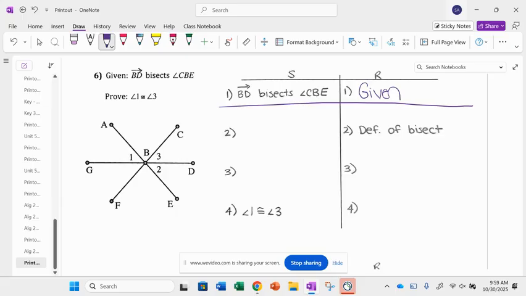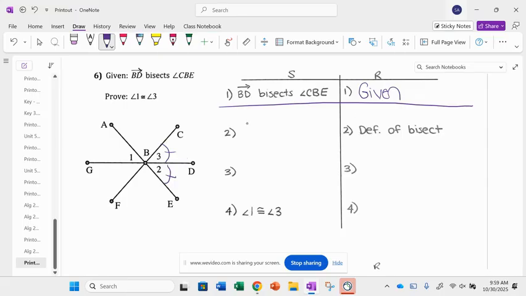And then I want you to write that as your second statement. Perfect. Okay, so now if BD bisects CBE, I saw that everyone marked these two angles congruent.